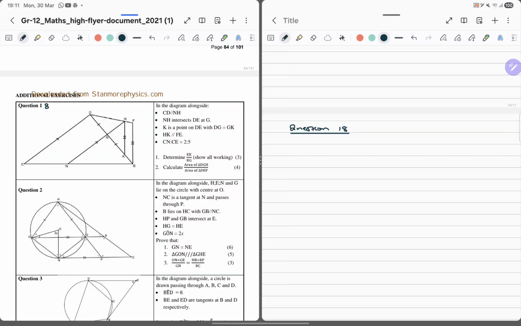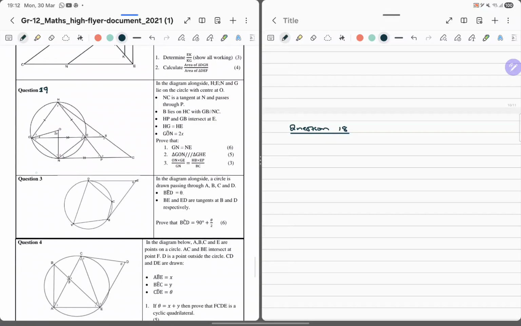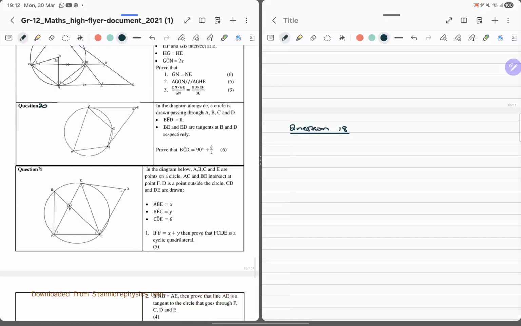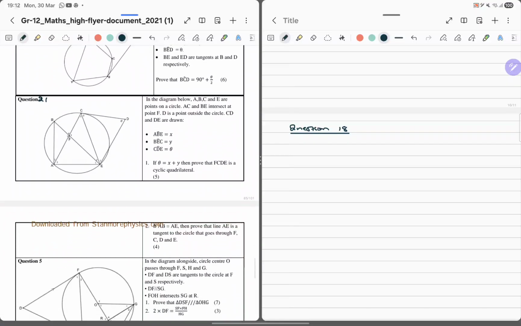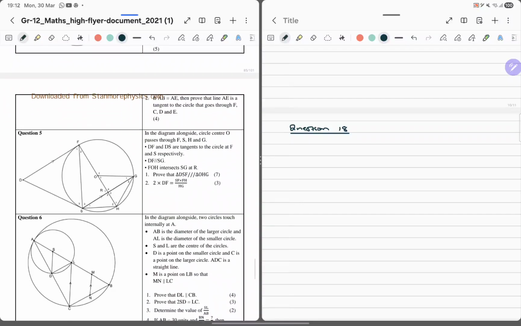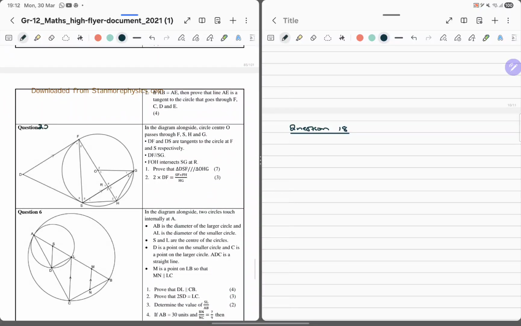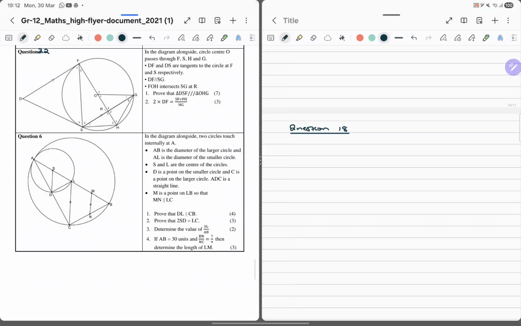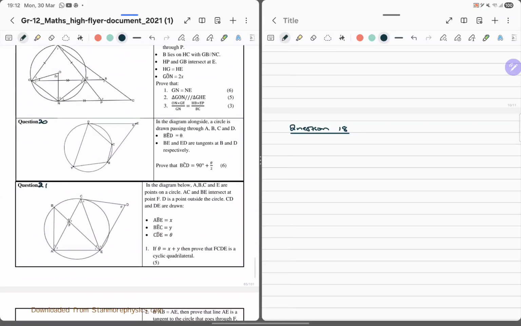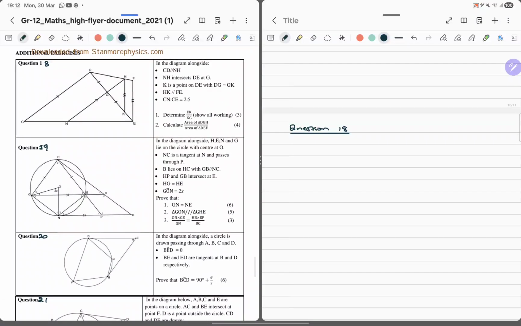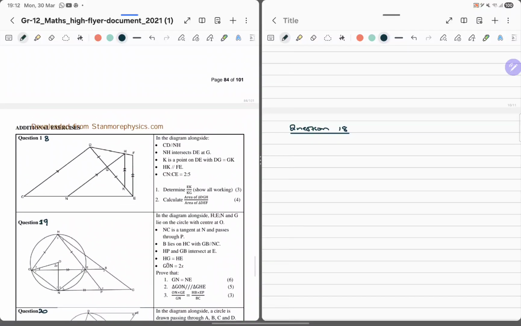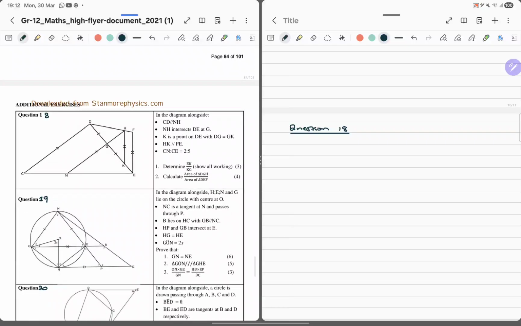So I'm going to say 18, 19, 20, 21, 22, 23. Okay, right, I'm gonna share this document with those numbers so you will know which questions are those.